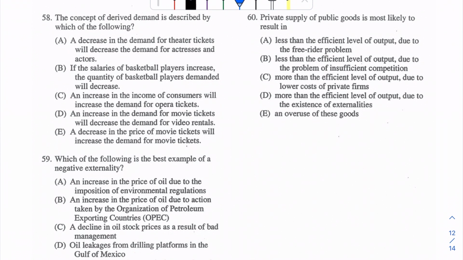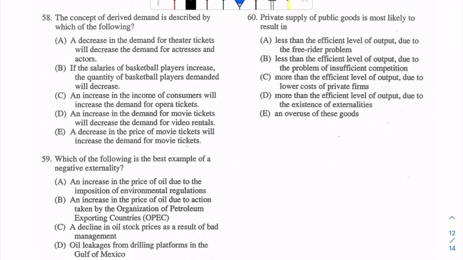Number 58, the concept of derived demand is described by which of the following? So derived demand is basically: why are you demanding more labor? Why are you demanding less labor? The reason you're probably changing your demand for labor is because of what the labor is making.